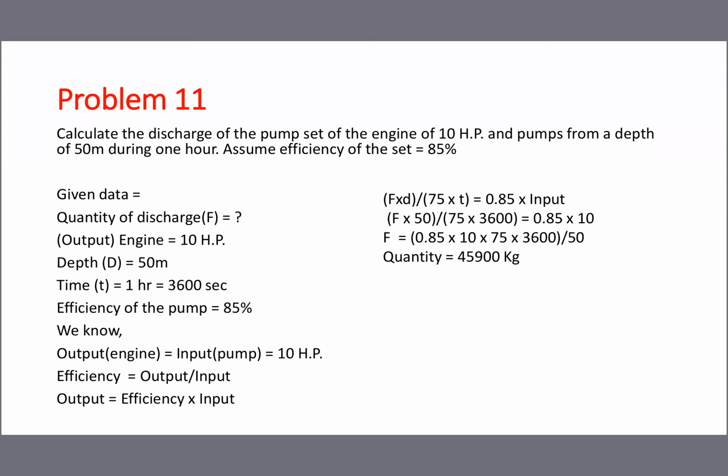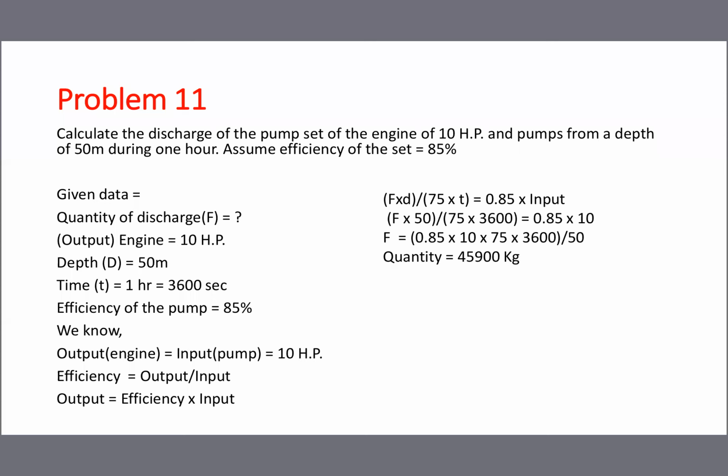Inside the pump, the impeller is taking water. The impeller creates vacuum, and water is taken to the tank or for agriculture purpose. Calculate the discharge of the pump set means how much quantity of water is discharged by the pump. Quantity of water discharged is our question.